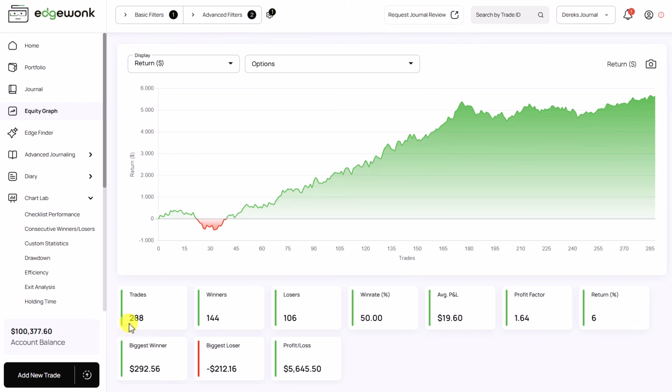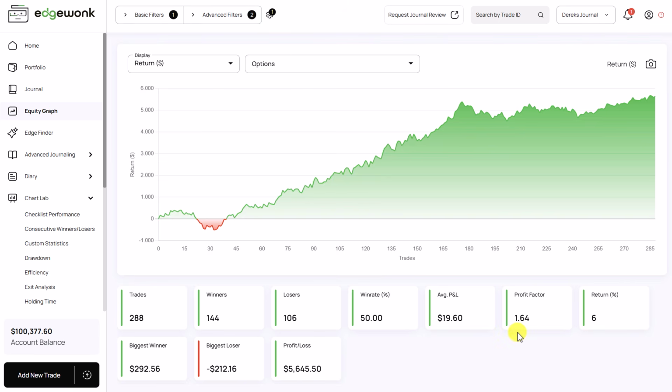So we are filtering out around 125, 130 trades, 50% win rate. So half of the trades he's winning, half of them he's losing. But his reward to risk ratio is big enough that suddenly his profit factor jumps to 1.6. In the beginning, he had 1.06. So a huge difference.